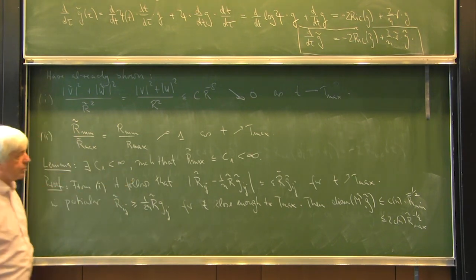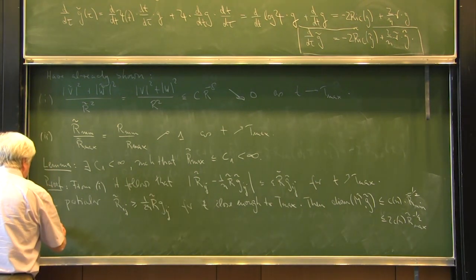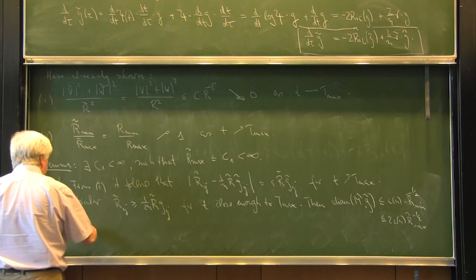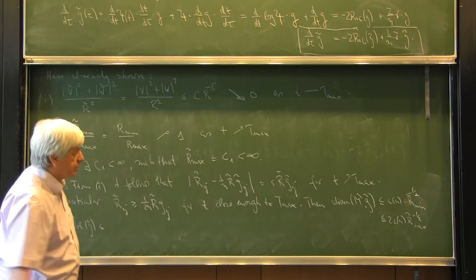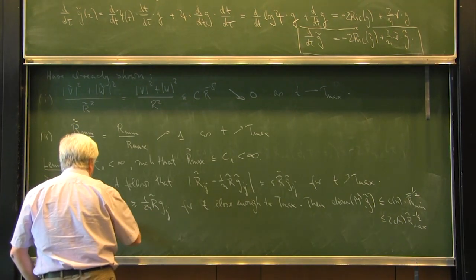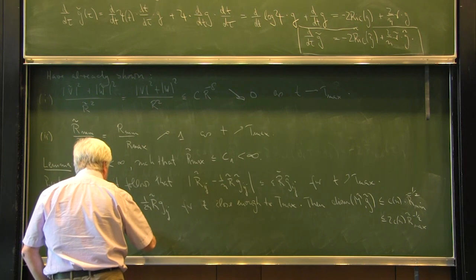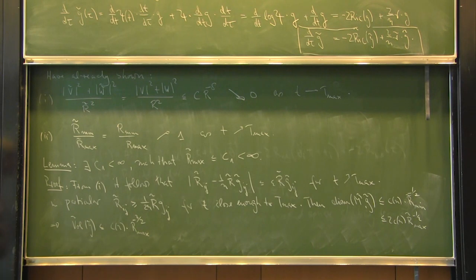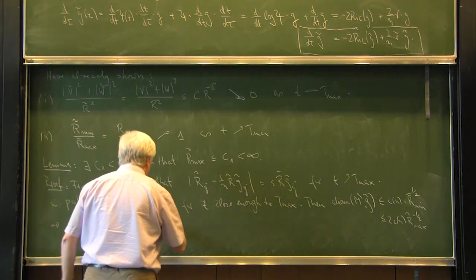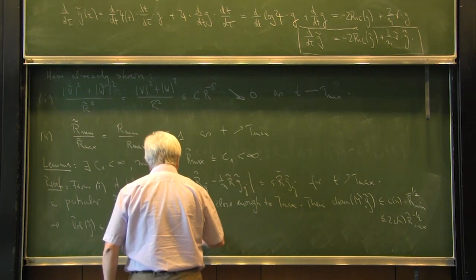So I have this comparison, but this must mean that the volume of this metric, G tilde, is less than a constant depending on n times R max to the minus n over 2. Right, if you have upper bound on the diameter, you must have a corresponding upper bound on the volume. And this, on the other hand, immediately gives us the upper bound on R max.